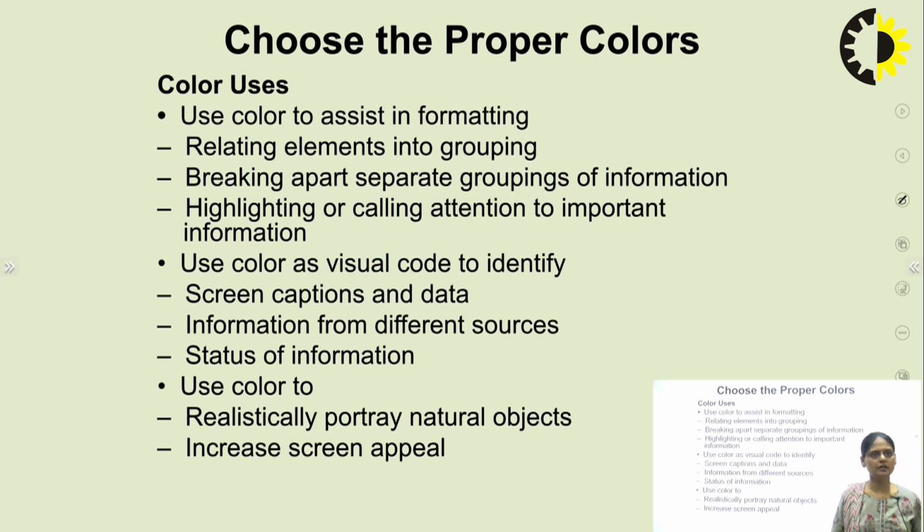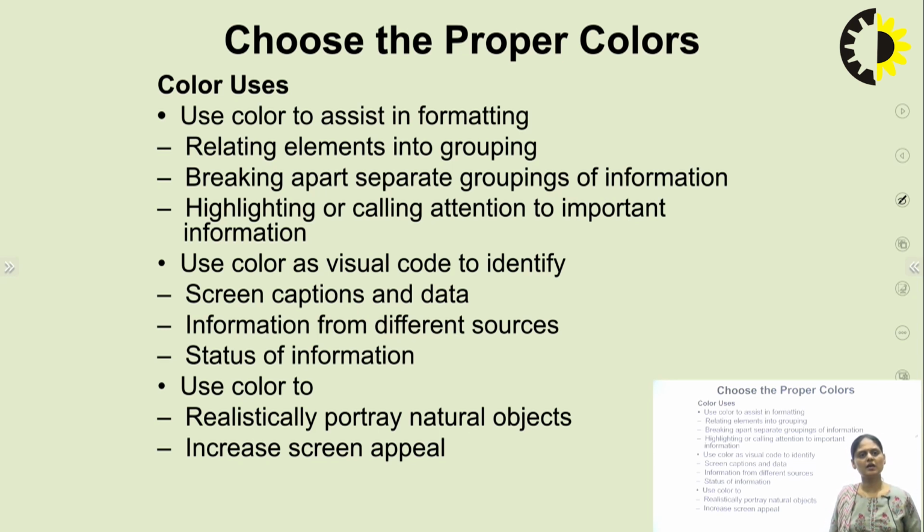Use color to assist in formatting: relating elements into a grouping, breaking apart separate groupings of information, and highlighting or calling attention to important information. For all these three things, we go for colors. If we want to group similar elements, we can place similar colors there. If we want to focus on a particular thing, we can highlight with color.